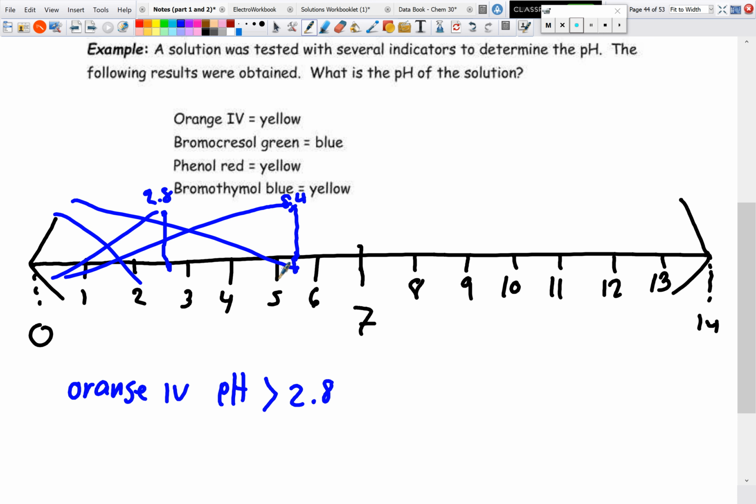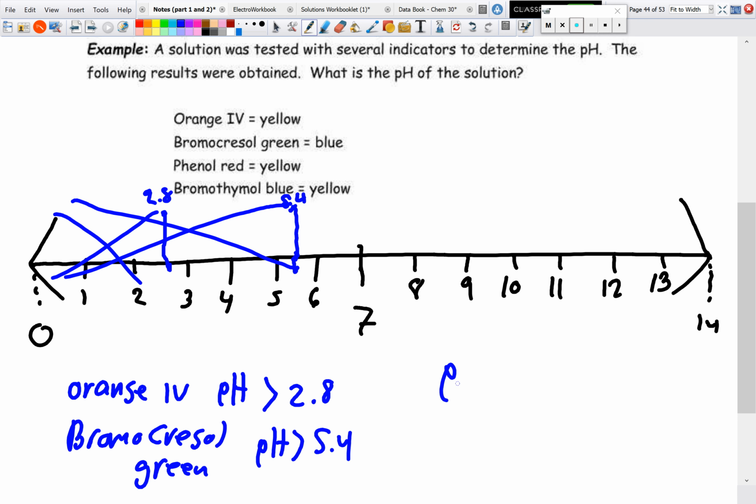Right, so right now we're just eliminating this entire portion of our pH line here. Just let me fill that in here. Greater than 5.4.